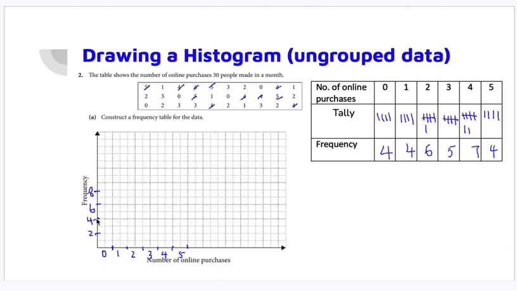So the first bar is 4. Make sure that the bars are of equal width. Second bar is also 4. The third bar is 6. Then 5. 7.